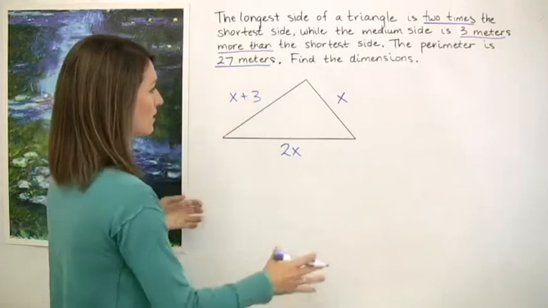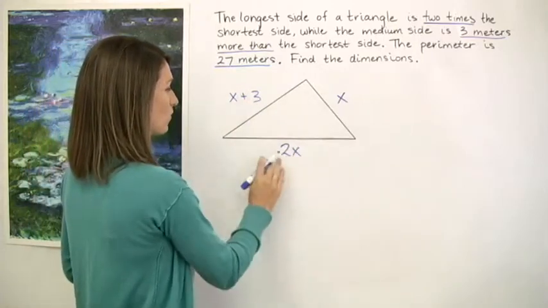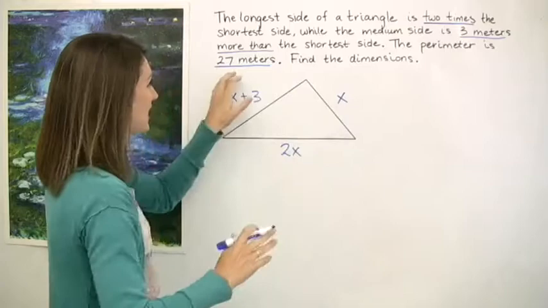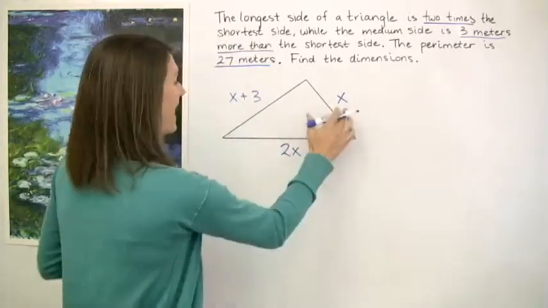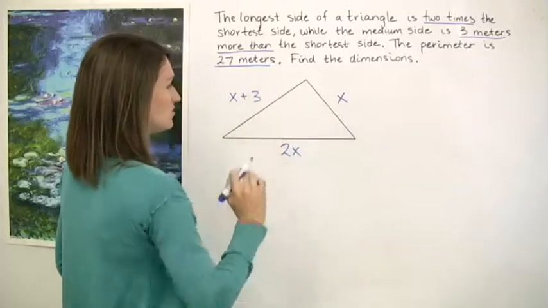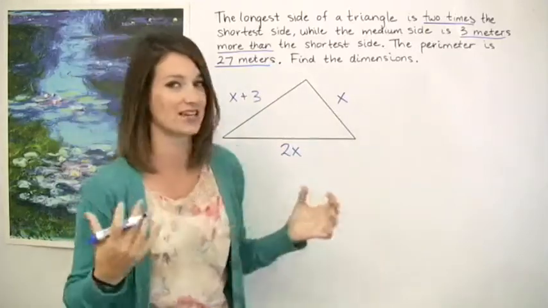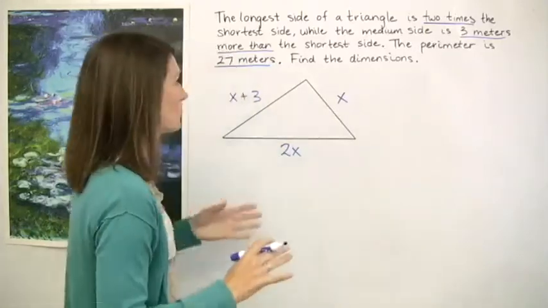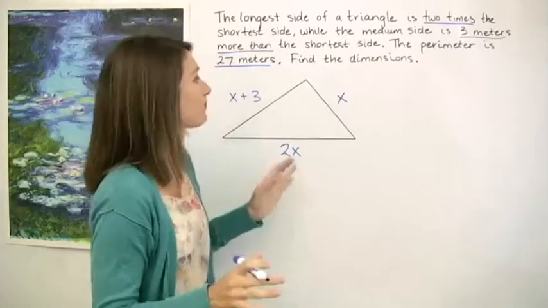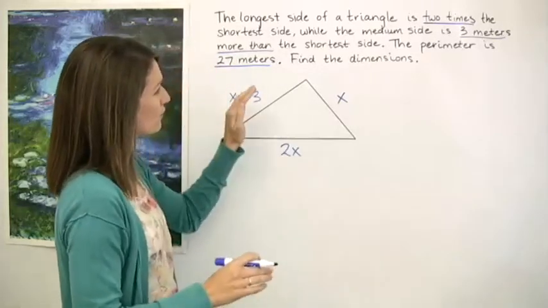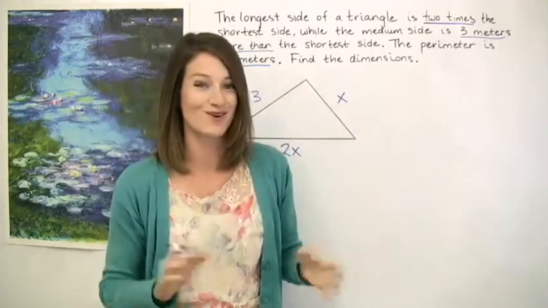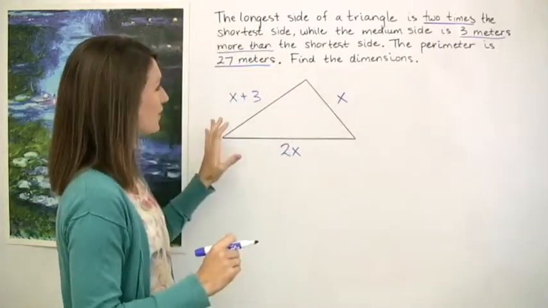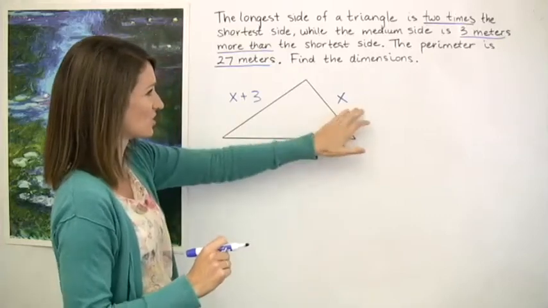So it looks like we can use these expressions that we just wrote, set that equal to 27 meters as our perimeter, because we're going to add up the lengths of each side of the triangle in order to get the total perimeter. So that looks like that could be our equation. Okay, so we've gone through the first step of the blueprint, we've read, we've listed the known and unknown items, we've assigned a variable, and we've written some expressions.